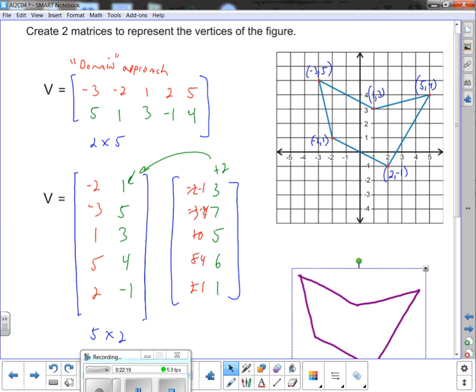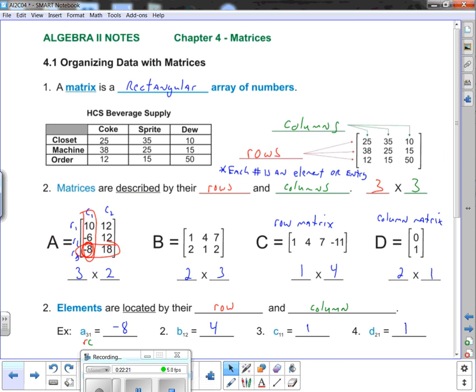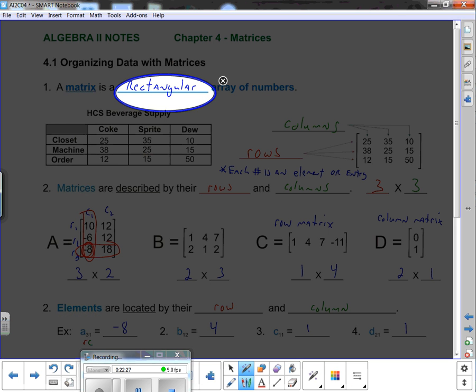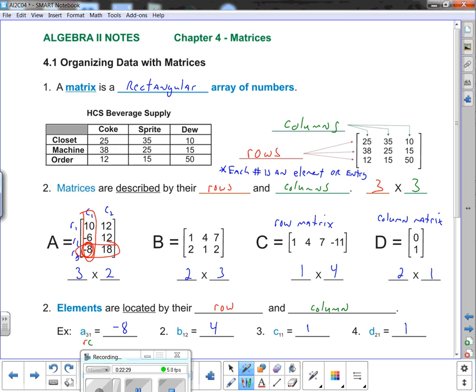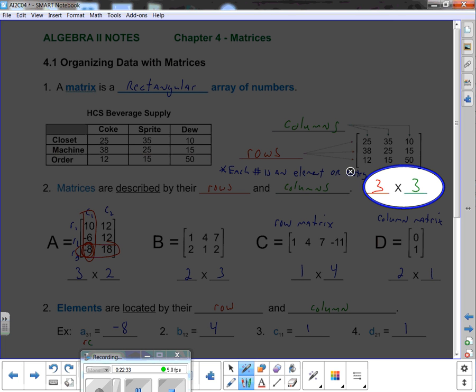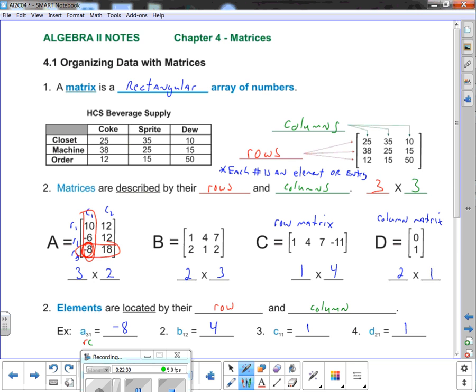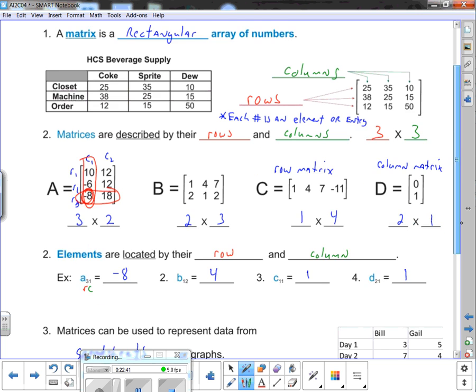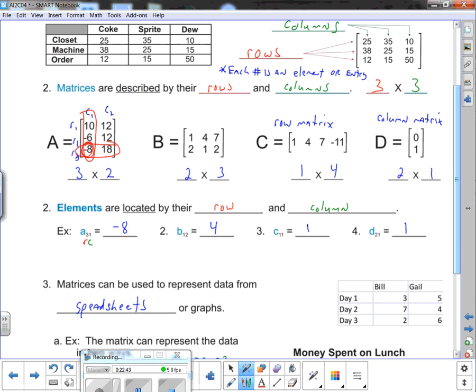Okay? All right, let me go back with a real short recap. Hey, don't forget, a matrix is a rectangular array of numbers. How do you describe them? Rows and columns, folks. Rows first, columns second. Rows are horizontal, columns are vertical. You know the columns of a house are vertical.